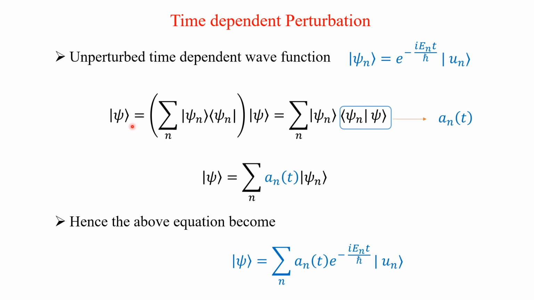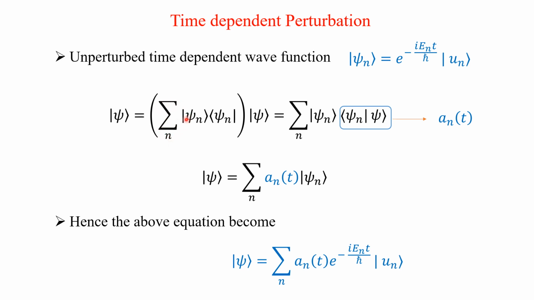Now what we are going to do is, ket psi can be written on the basis of psi sub n. So for that I am multiplying this by 1. That is, ket psi. I am multiplying this ket psi by 1 using the completeness property.